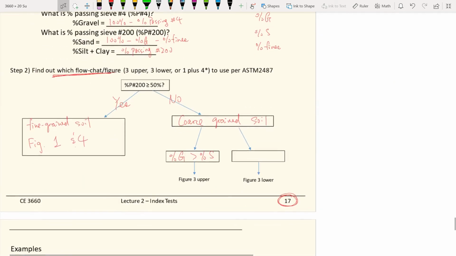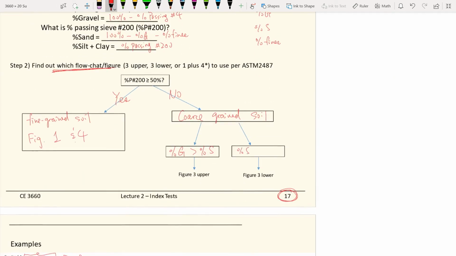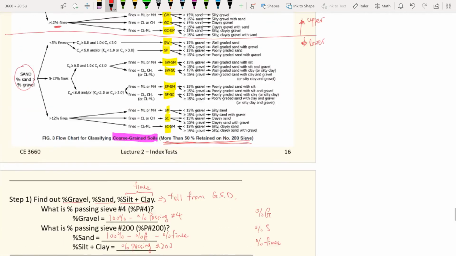But if the percent sand is greater than or equal to the percent gravel, so if you have exactly the same amount of sand as gravel, then you classify it as a sand according to the ASTM standard.